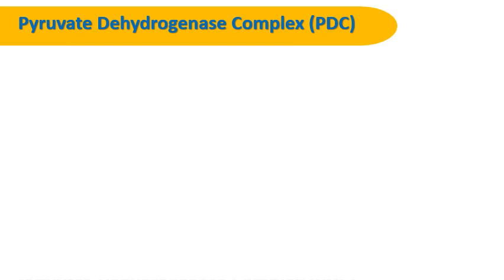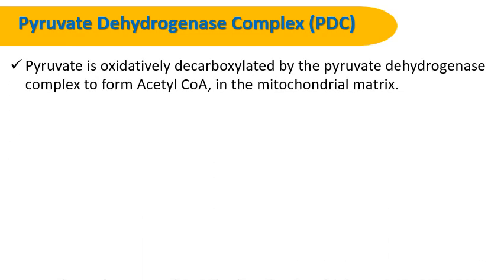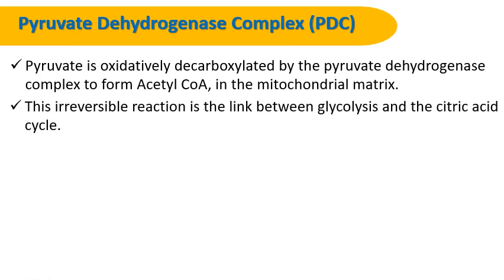So let's look at these complexes and what happens. All I have said is that pyruvate is oxidatively decarboxylated by this pyruvate dehydrogenase complex to form acetyl-CoA, and this takes place in the mitochondrial matrix. This is an irreversible reaction.